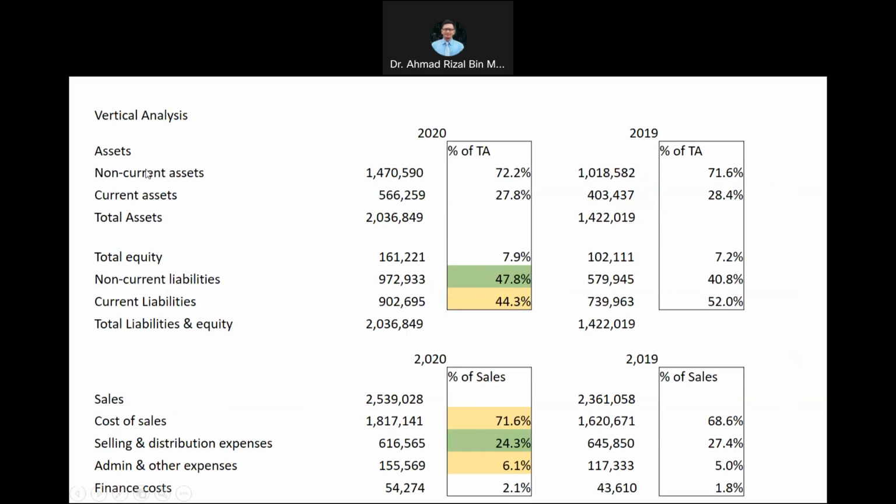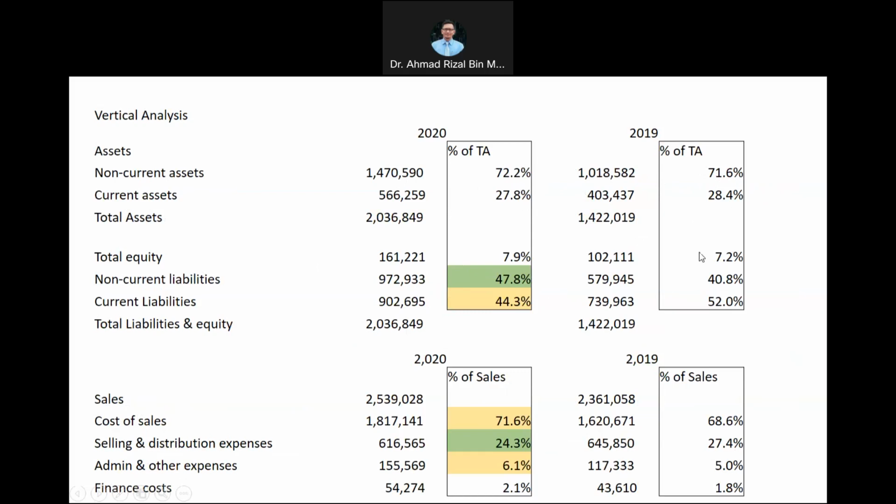So for a balance sheet, we look at the fixed assets. In 2019, it was 71.6% of total assets, whereas in 2020, it increased slightly to 72.2%. For current assets, it's 28.4, declined a little bit to 27.8. So we assess that there is no significant changes.